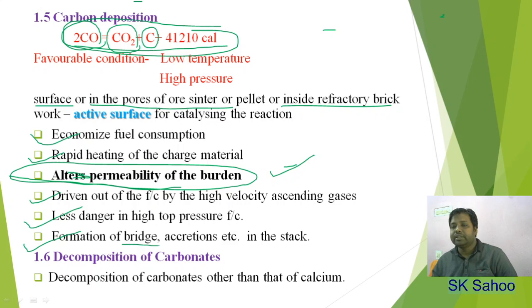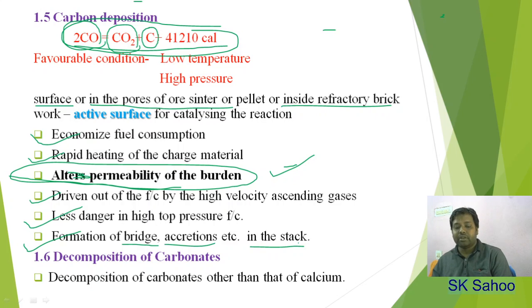That means the raw material will be sticking to the walls. That means formation of early slag, and that will be solidified. That will create bridges and accretions also. Accretions means continuous ring type formation of raw material sticking to the wall of the blast furnace in the stack region. So these are the advantages as well as disadvantages, or in total the effect of carbon deposition on the blast furnace process.